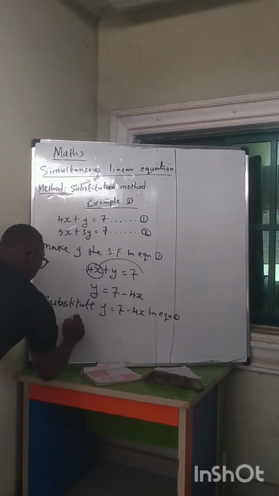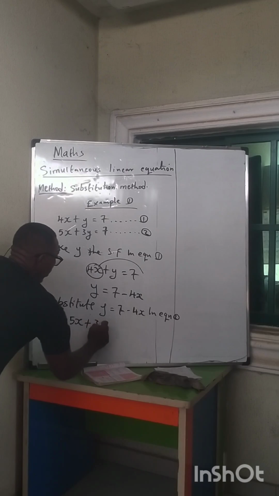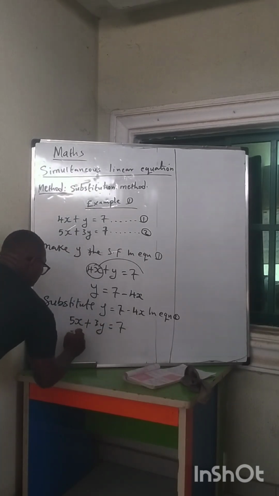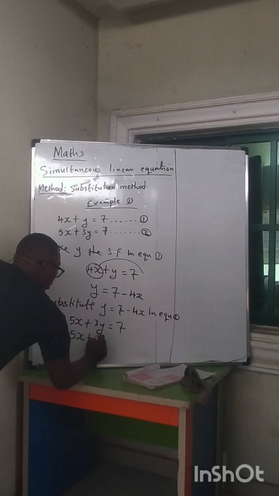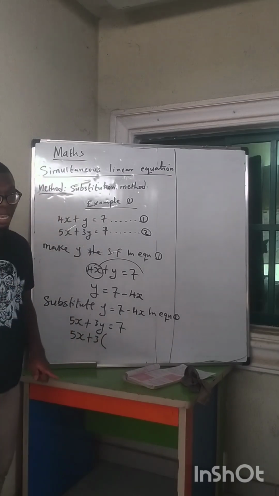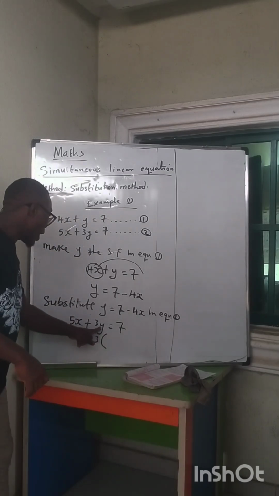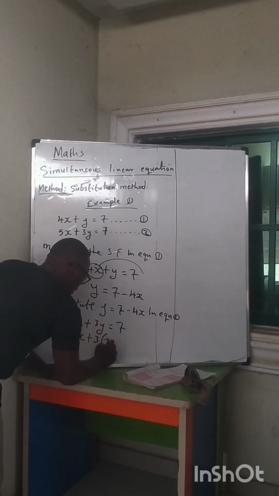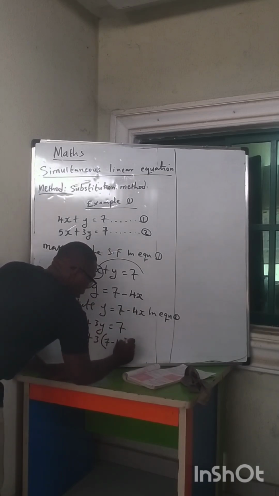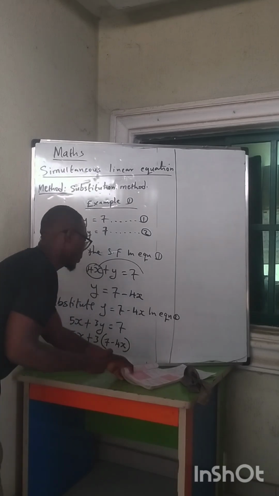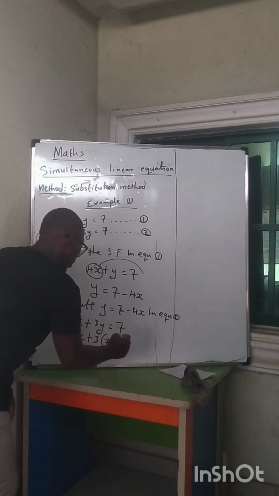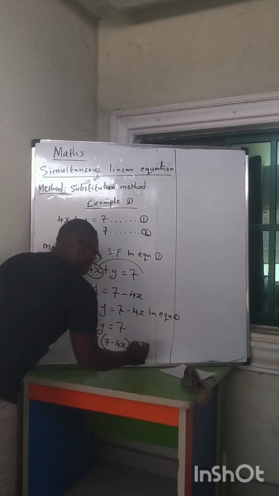So look at equation 2 here. We have here 5x plus 3y equal to 7. Now in this case, you have here 5x plus 3. We are not going to write y again, like I said. Instead of writing y, we are going to write 7 minus 4x, equal to 7.